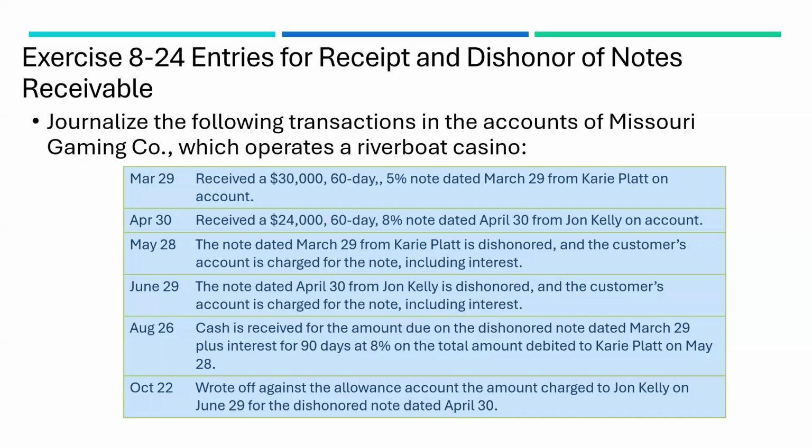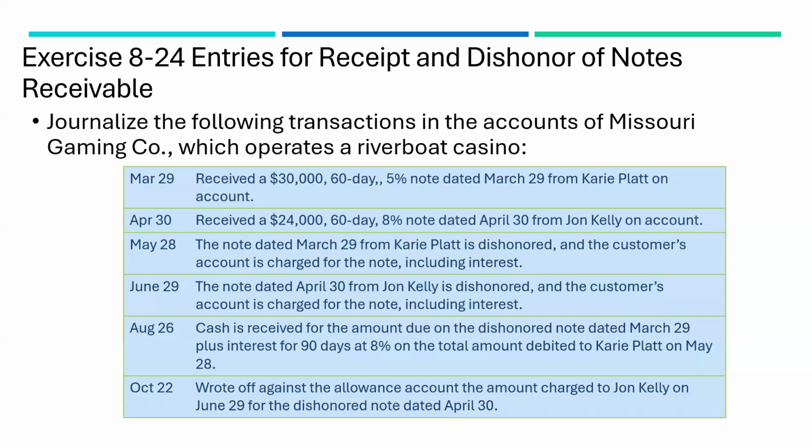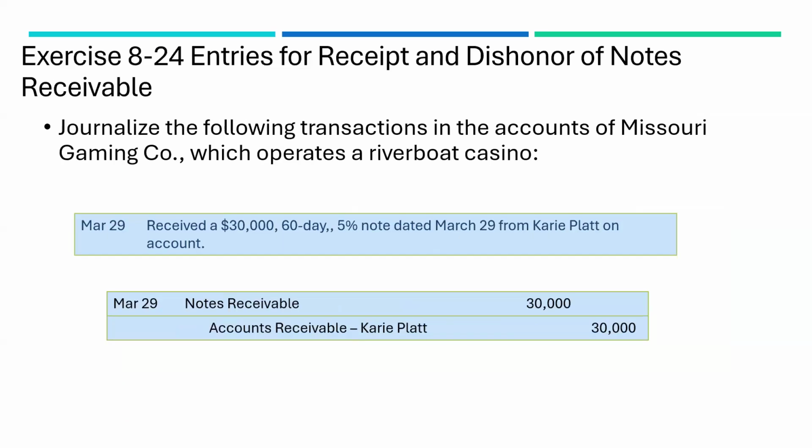The on account here indicates that it did come from an accounts receivable. So we're going to debit our notes receivable and credit our accounts receivable. We can think of this as a person who was gambling at the casino and ran up a bill, and now they have to pay it back with interest.